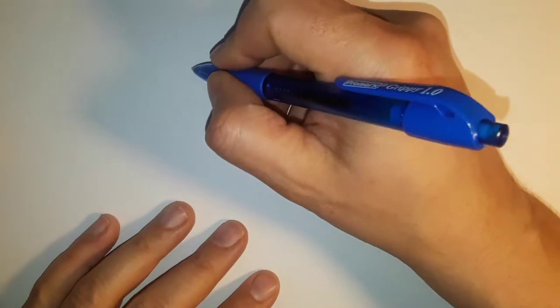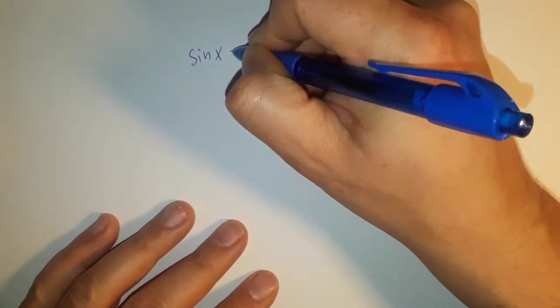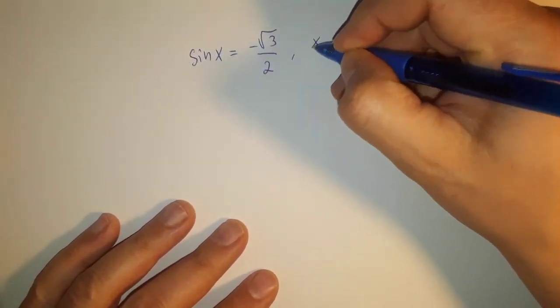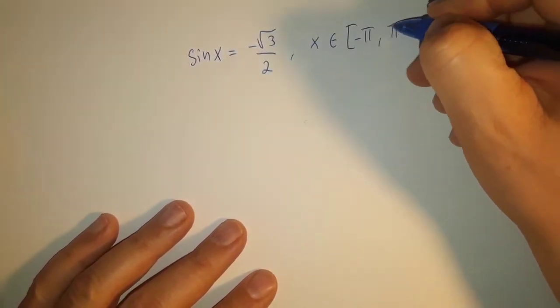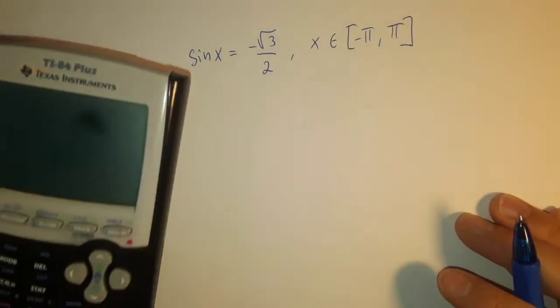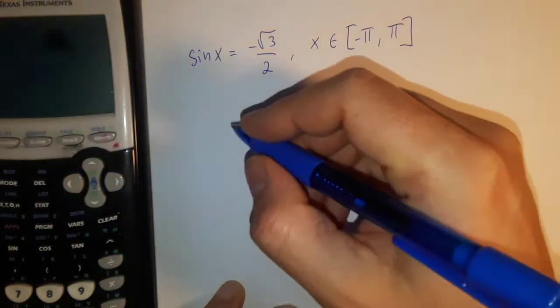Okay. Now, maybe I can also use the calculator to solve this. So again, what I'm trying to solve is sine of x equals negative square root of 3 over 2, but we're restricting the domain to negative pi to 2 pi. If we want to solve this using the calculator, we have to apply arc sine to both sides.